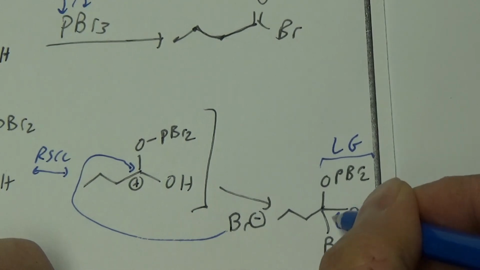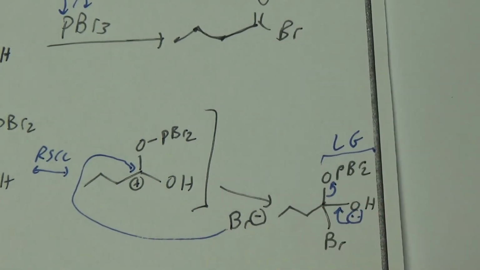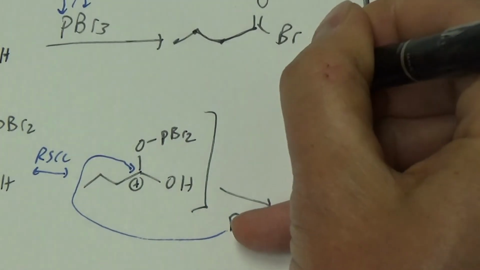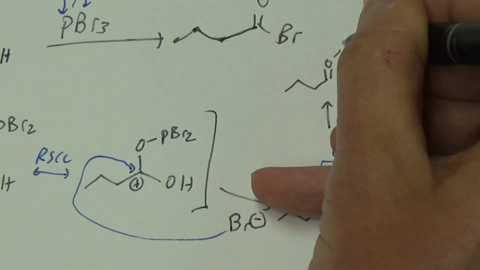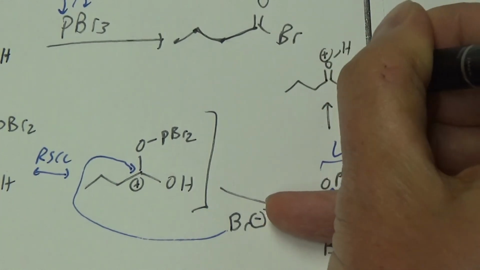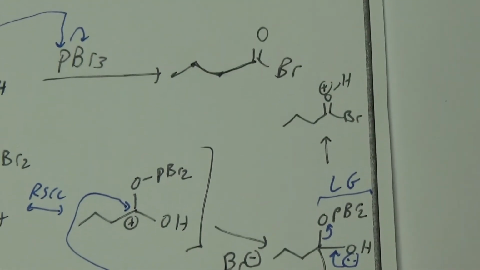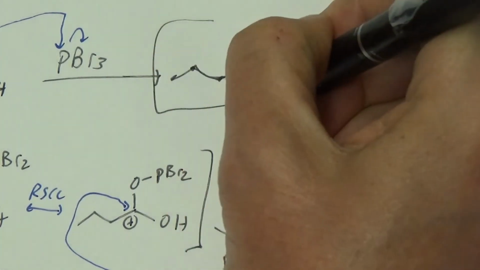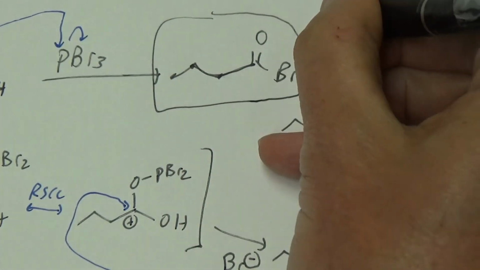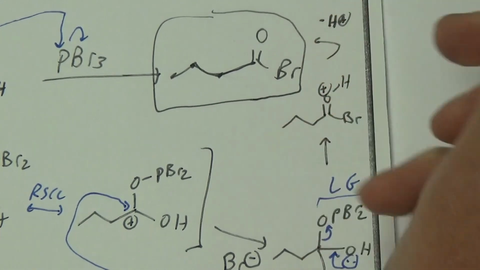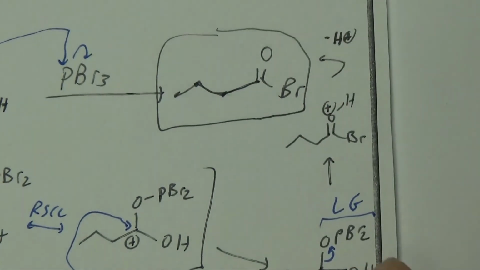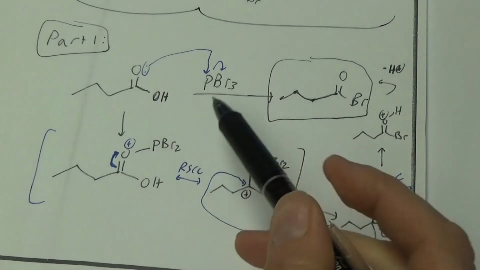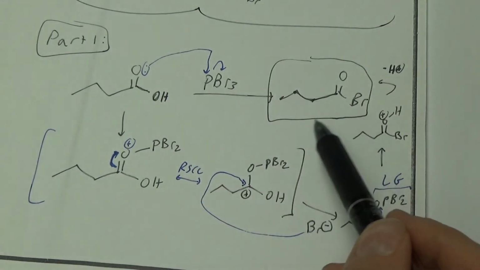Oxygen swings in, kicks off the OPBr2, and we're basically done now. We get a protonated acid bromide, and lose a proton, minus H plus. And there it is. That's the mechanism of part 1, which is synthesis of the acid bromide.